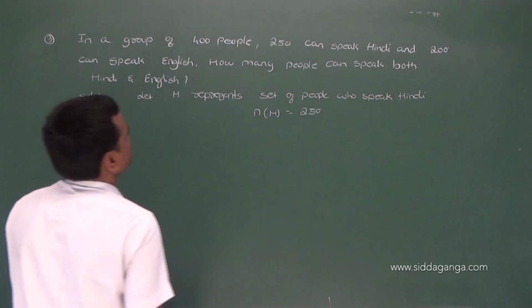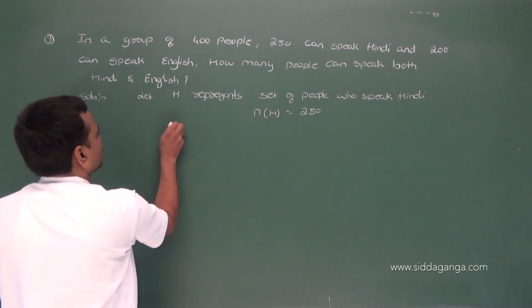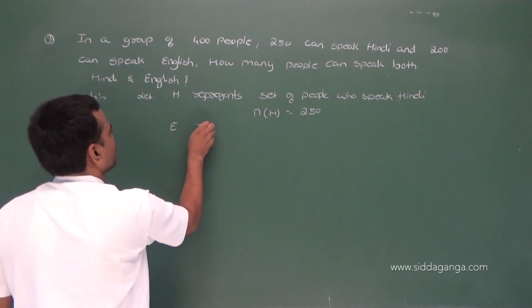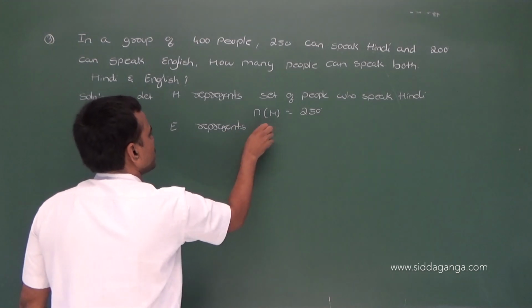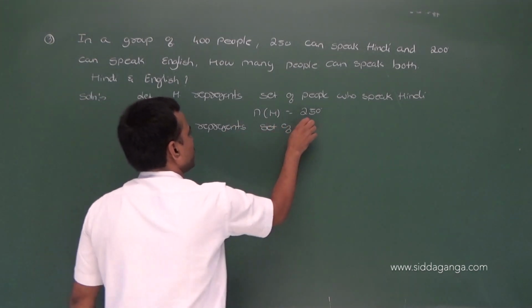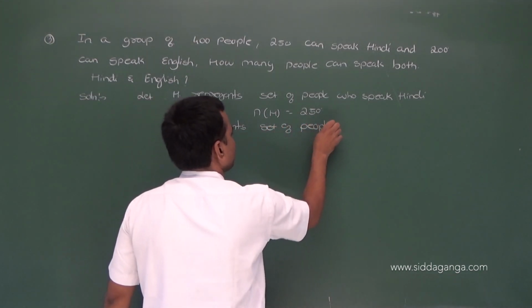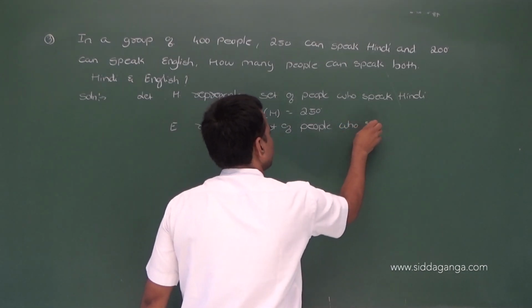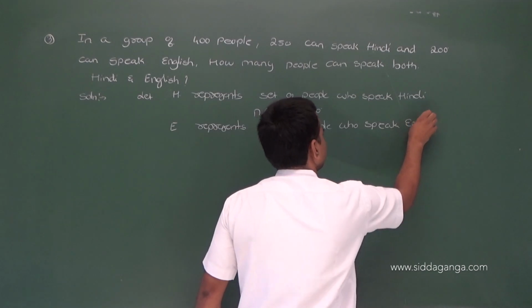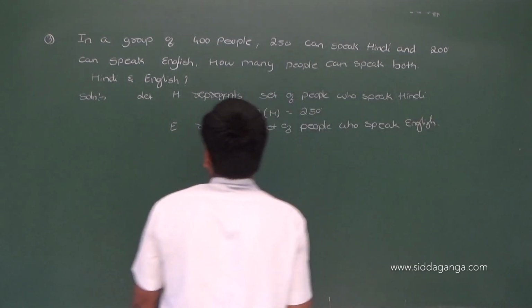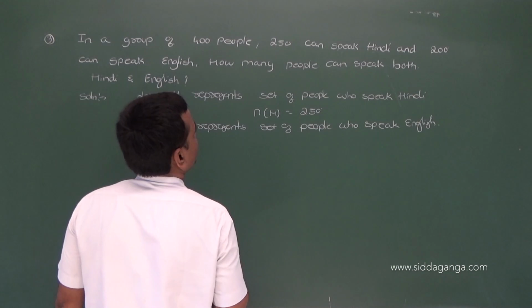Okay. Next, English. E represents the set of people who speak English.